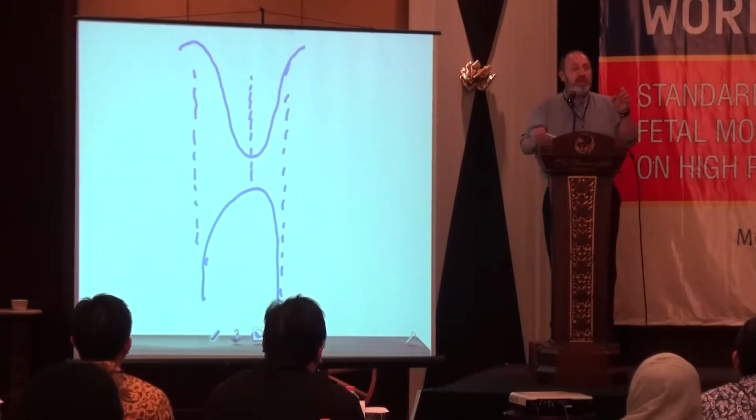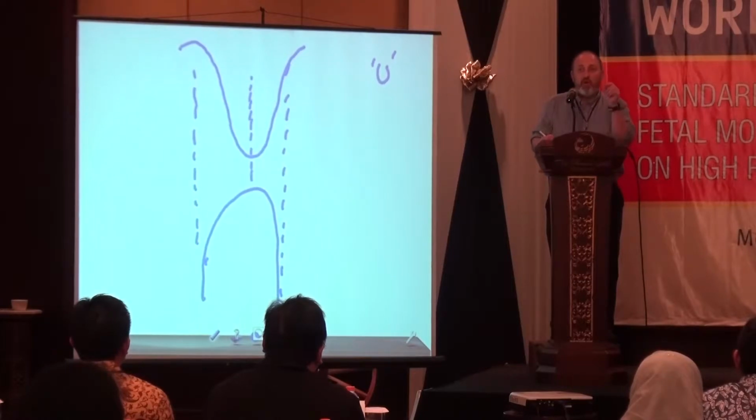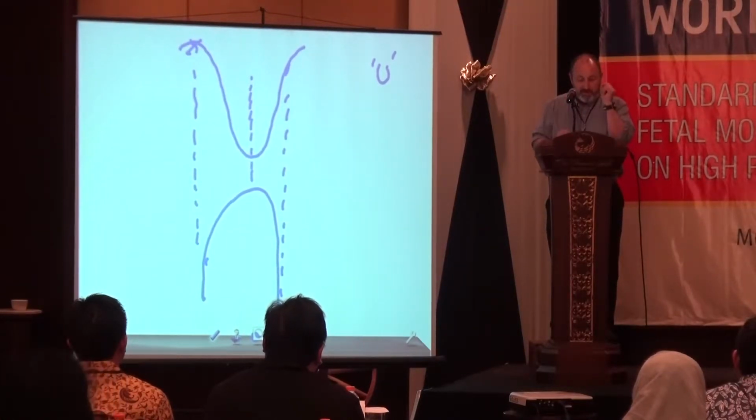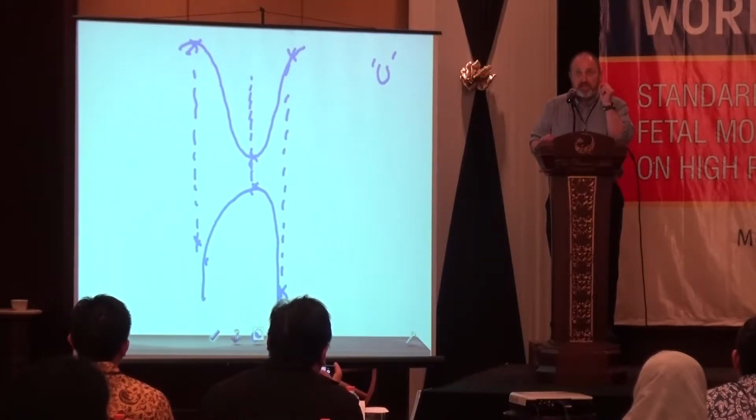Because of that, it tends to have a U-shaped base, but that's not always the case, and I'll come on to that in a moment. The onset of the deceleration is at the onset of the contraction. The lowest point of the deceleration is at the peak of the contraction. And the heart rate has returned to the normal rate by the time the contraction has subsided.